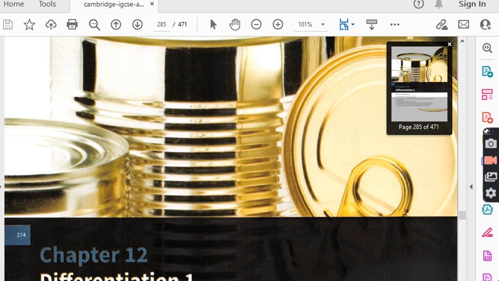One is chapter number 12 which we are going to start, and the second is chapter number 14, called differentiation 2. So what is differentiation?